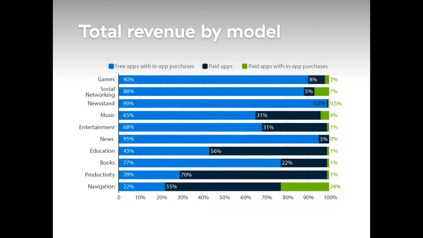For example, games manage to have large revenue with freemium apps, but navigation or education apps mostly tend to have paid apps and gain revenue that way. Also, you can notice that navigation apps are a great form of business because they have revenue of 101%. So this is a mistake on this statistic.